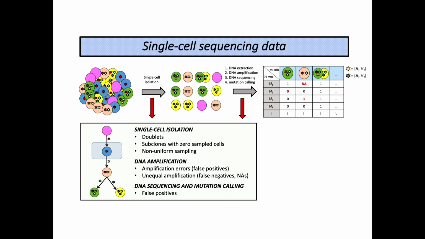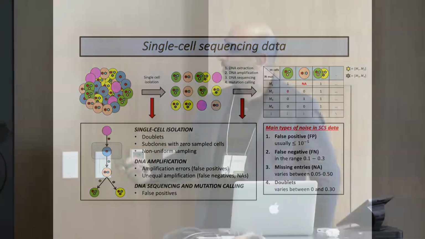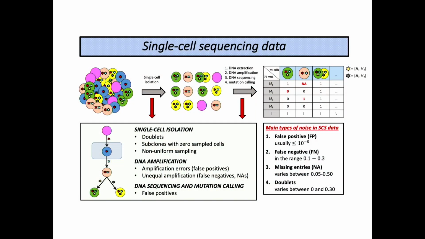Your goal may be eventually to handle all these issues that give you false positives and false negatives and perform some error correction on this matrix so that you can establish a reliable tumor phylogeny. As we mentioned, the false negative rate is pretty high, in the order of 15 all the way to 30%, and that is our major concern, especially in comparison to the false positive rate, which is relatively small. Doublets, again, complicate the issue depending on the data set.